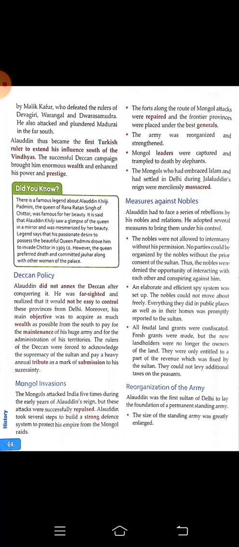It was in order to maintain the huge army he had, and the administration and the territory. In order to maintain it, he needed a huge amount of money. So his objective was to get wealth from the Deccan part. He did not come to rule.